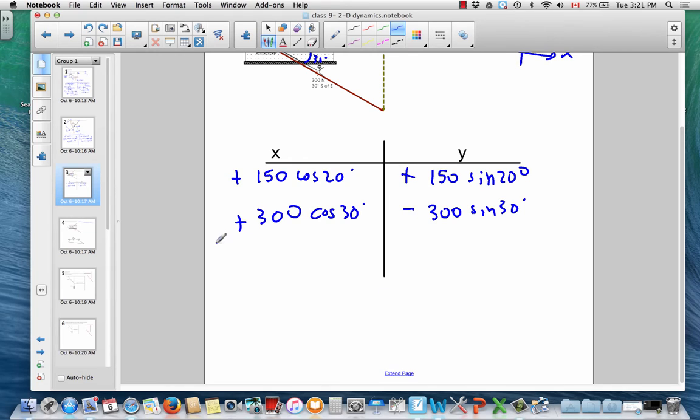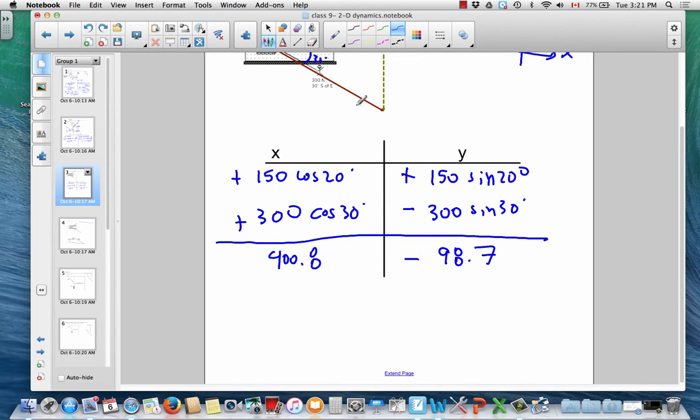So now, just as we did with vector addition earlier, we add to find the resultant x, and that gives us 400.8 newtons of force. In the y direction, these partly cancel each other. The downwards one is bigger, so when you add those numbers together, we end up with a downwards force of 98.7 newtons.